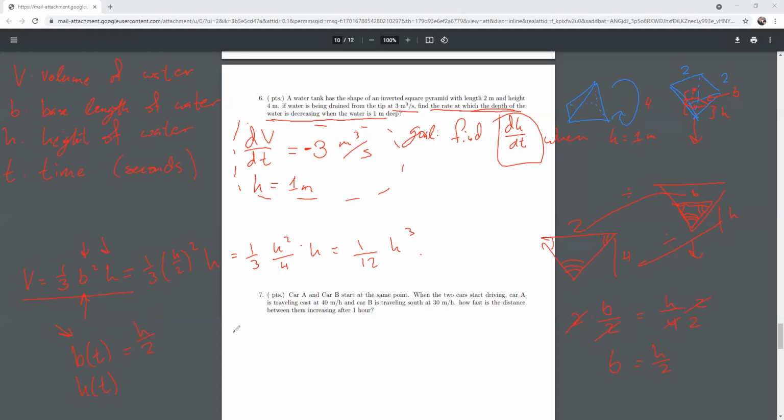Now we're going to introduce the derivative. Take the derivative of both sides. So we're going to have dV/dt, the derivative of 1/12 h cubed. We can bring the 1/12 out front and then just take the derivative of h cubed. So that's going to be, bring down the 3.